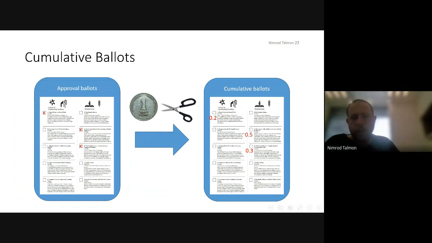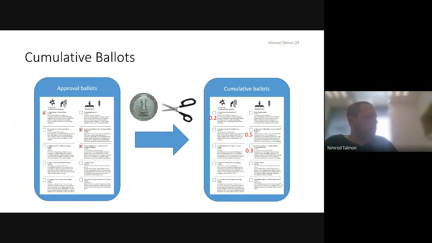In this example, this voter put support intensity of 0.2 on this project, support intensity of 0.5 on this project, and support intensity of 0.3 on this third project, and no support for the other projects. So it's 0 for all of the others.